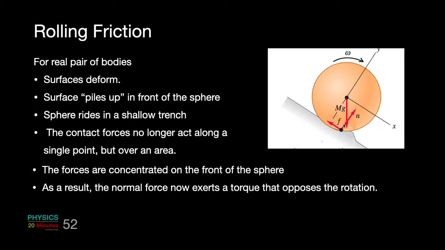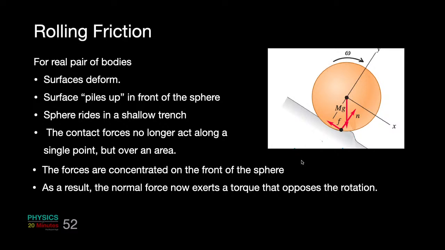So as a result, look at it, the friction will apply a clockwise torque while the normal reaction will apply an anti-clockwise torque. So it opposes the rotation. The normal reaction is going to oppose the rotation in real bodies. That is why the bodies will eventually come to rest. If you roll a sphere on the ground, eventually after traveling some distance, it comes to rest.